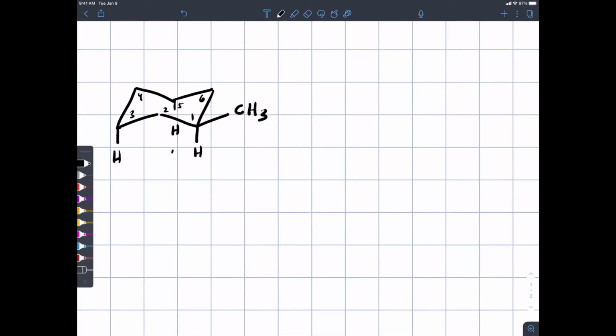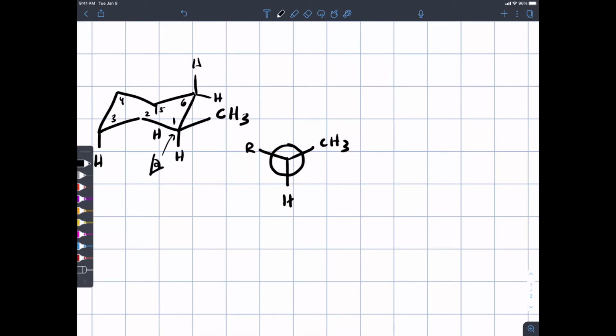If we look down the bond between carbon 1 and 6, what we would discover is that the placement of the methyl group at the equatorial position makes it so that the methyl group is gauche to CH bonds in the back, but anti to the ring carbon, right?